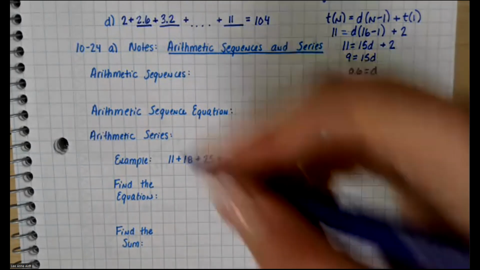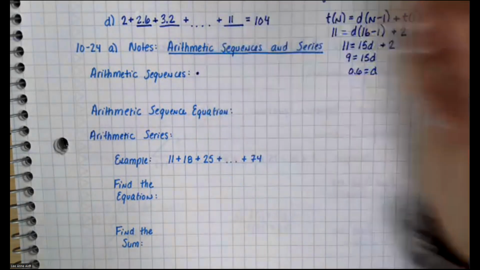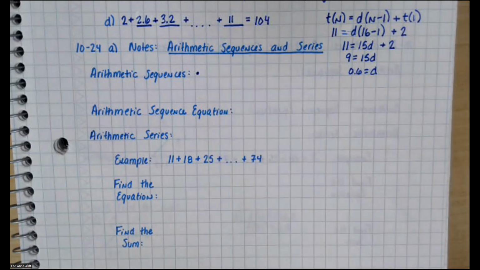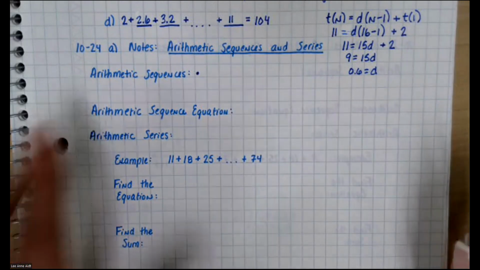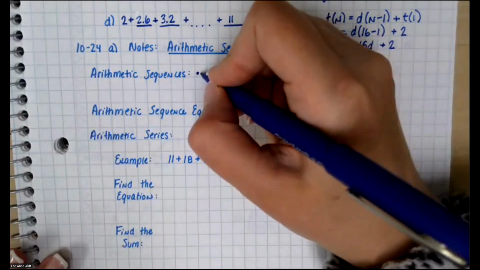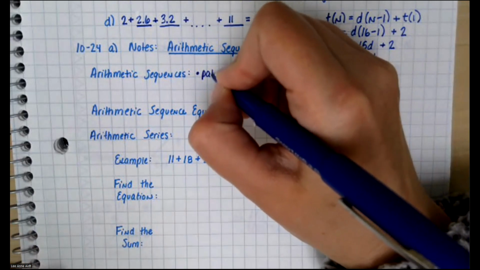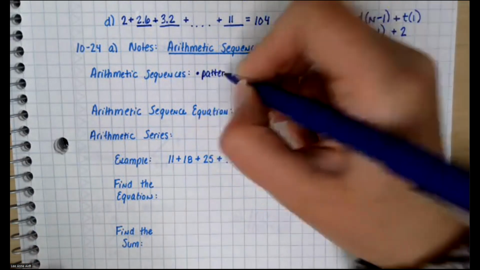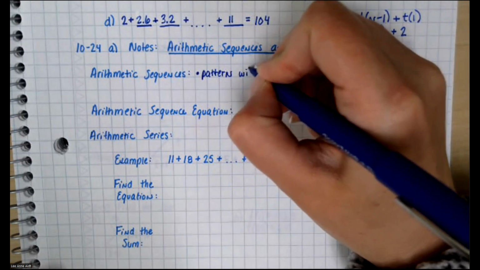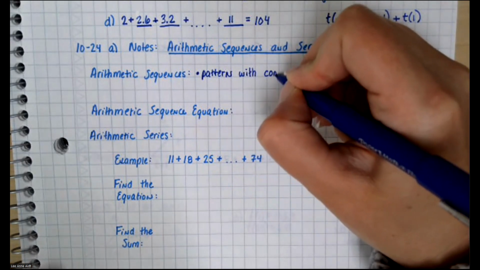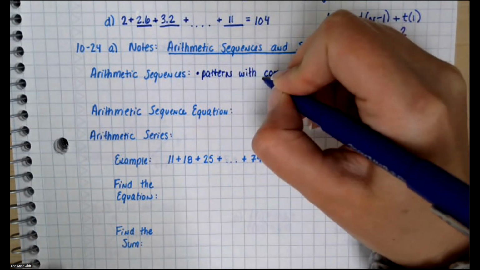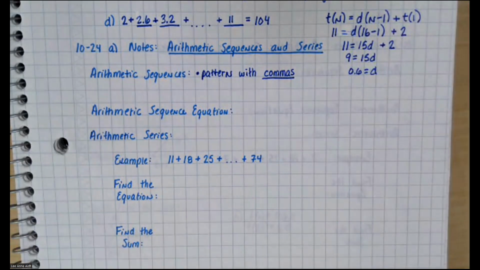Okay. Arithmetic sequences. We are going to make 2 bullet points here, and we are going to define what arithmetic sequences are. First thing you need to know is that a sequence is a pattern, a number pattern with commas. Commas make something a sequence.